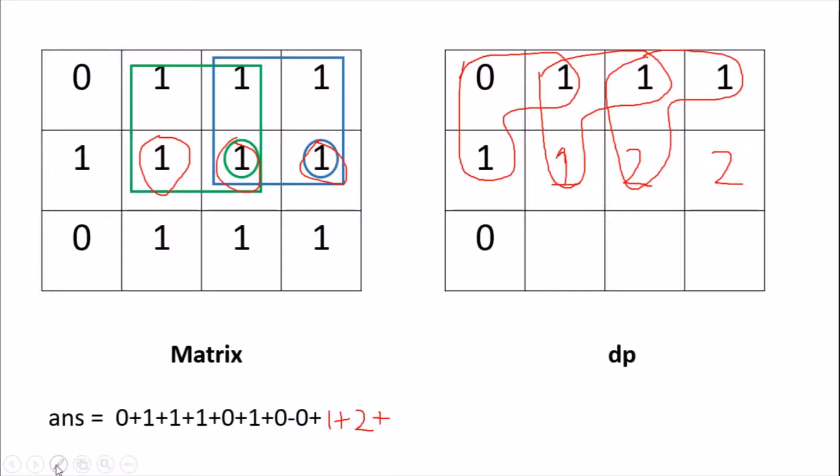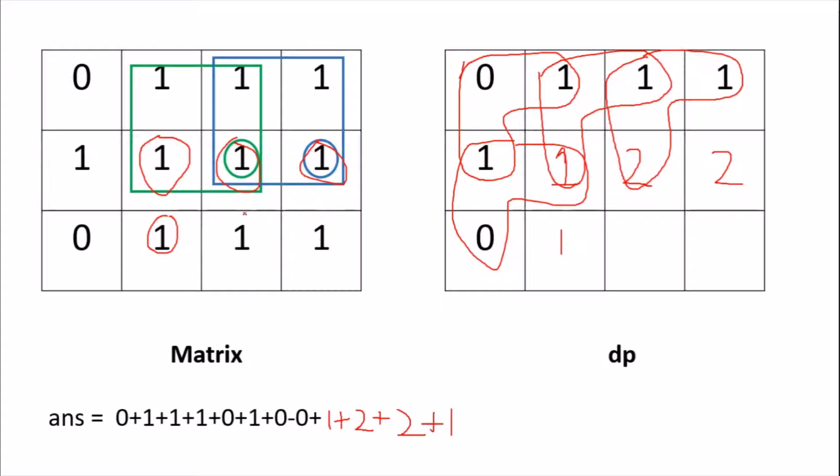We also add this to our answer. Now we move on to this element. We check the minimum of these three, that is 0. We add 1 to it, store it here, and we add this to our answer.